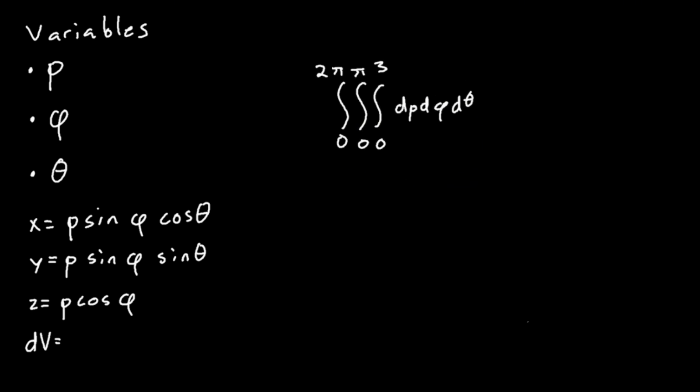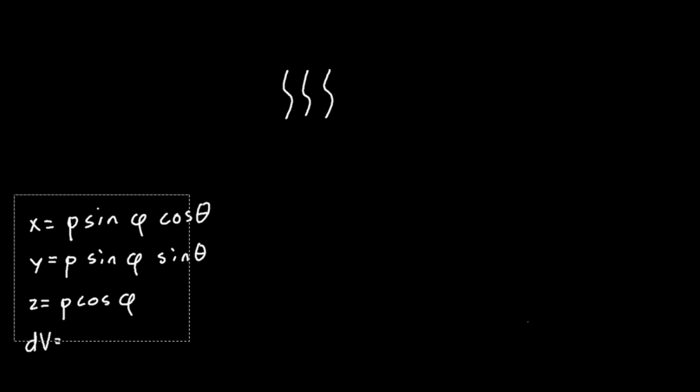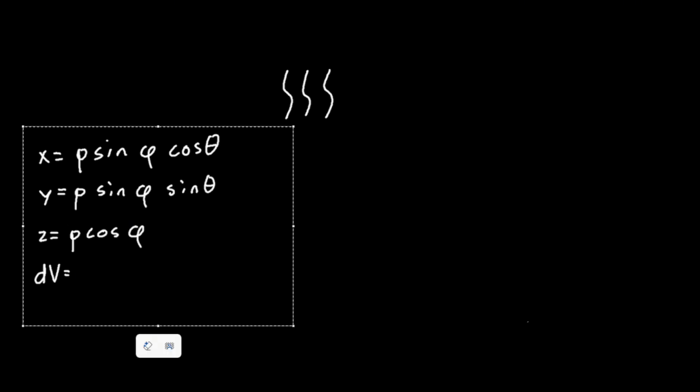And how about a general formula for our triple integral? I need to show you the transformation factor as well. Your transformation factor here is just what you turn dV into.